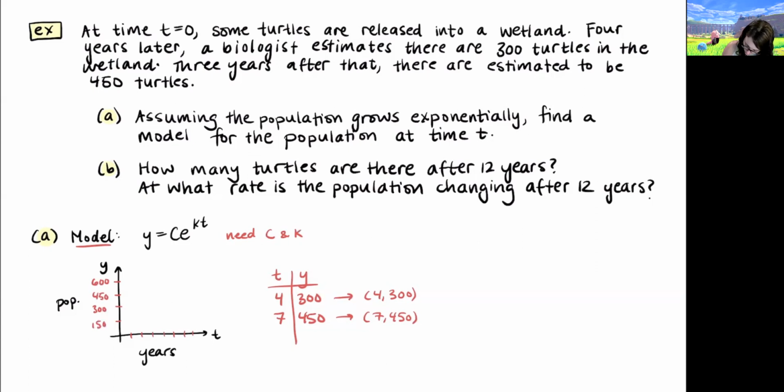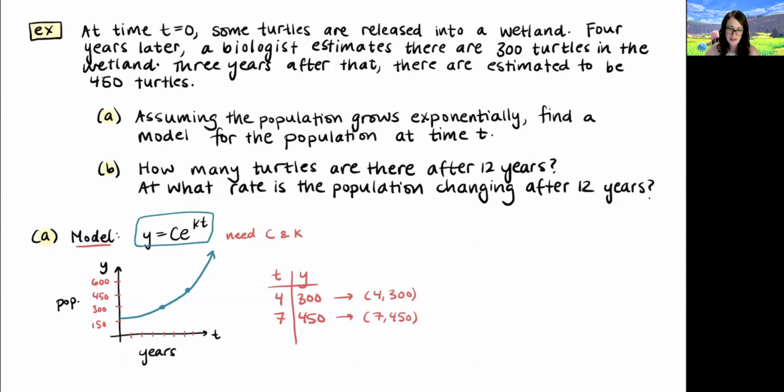The points that we know are on the graph are (4, 300), and then (7, 450). We know it's growing exponentially, so it's probably going to look something like this if we were to graph it. And we want to figure out, what is the formula for this? It's going to look like this format.